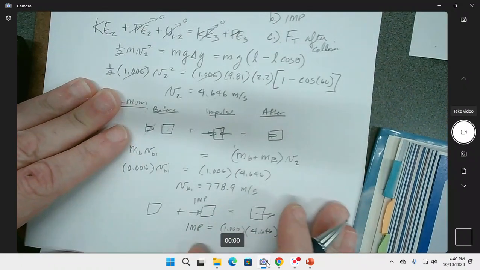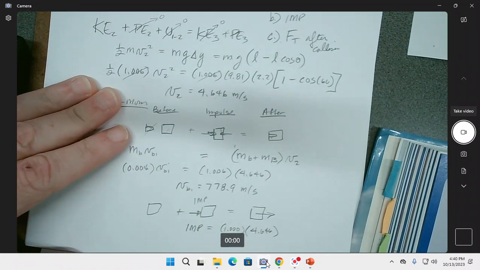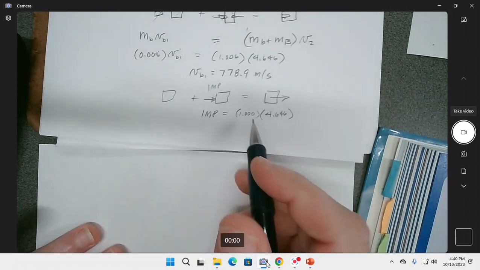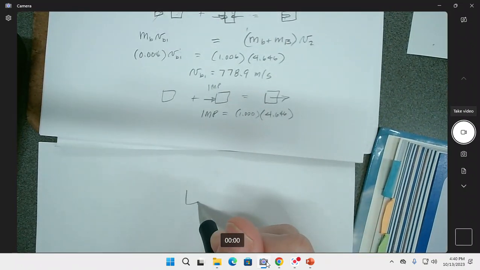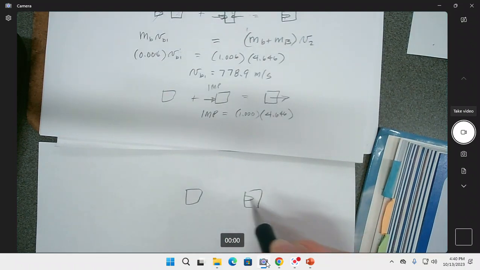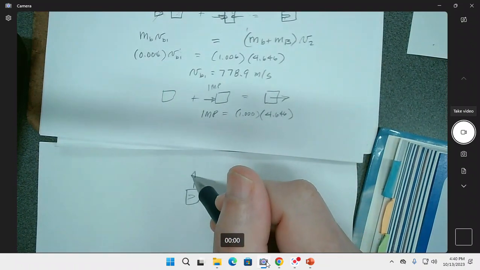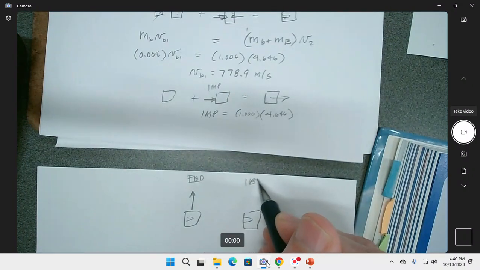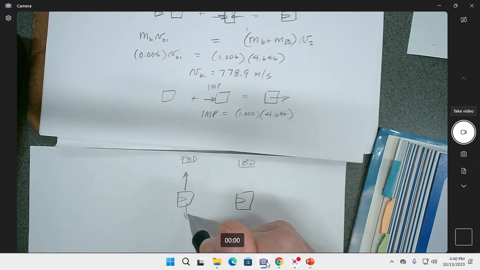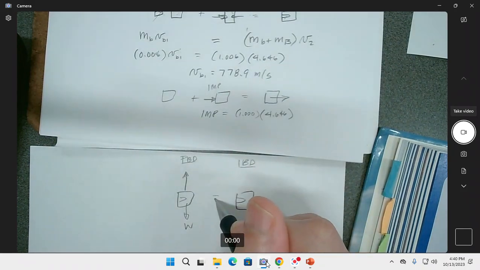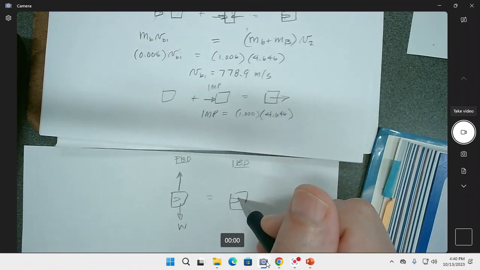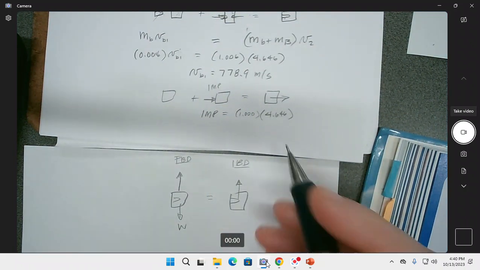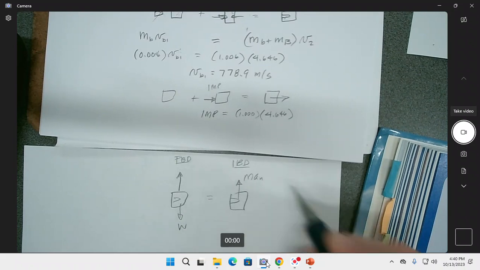But let me just finish off the idea there with the last part. All they want is the tension. So we have the block with the bullet in it, and we have the tension coming up. So your FBD and our IBD, and we have weight onto the thing. Here we don't really care what's going in this direction. We'll get the mass times the normal acceleration.